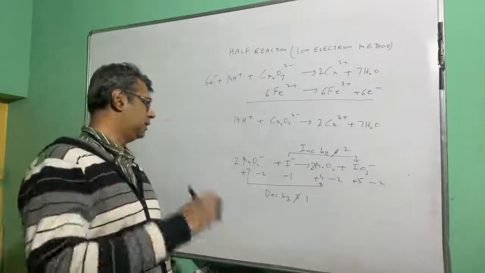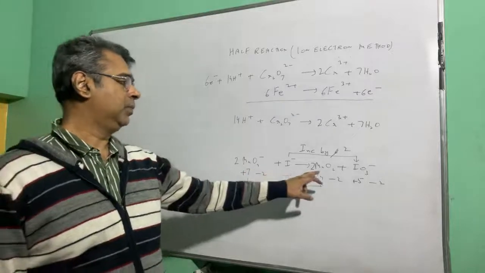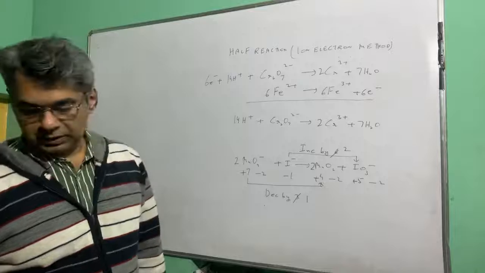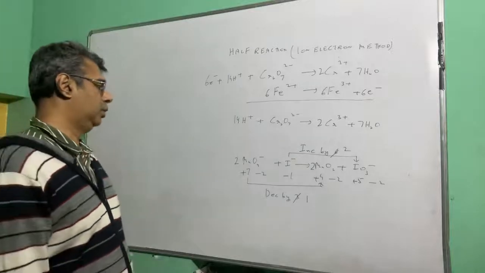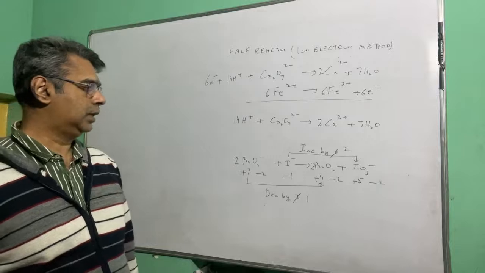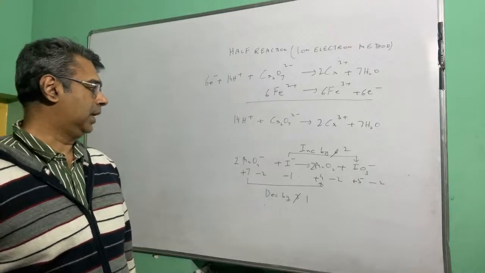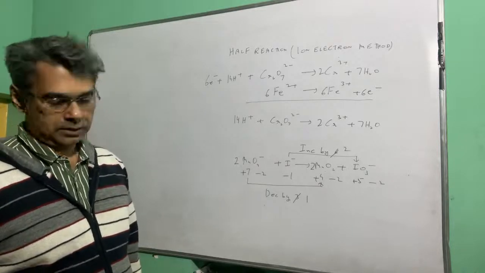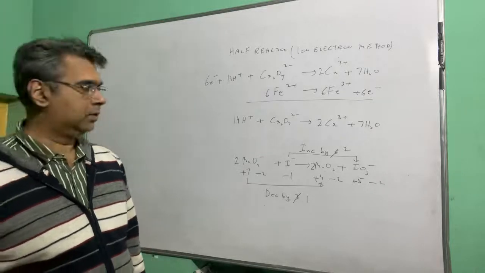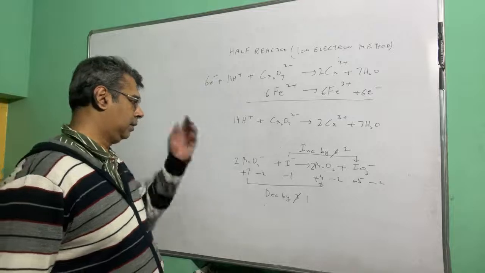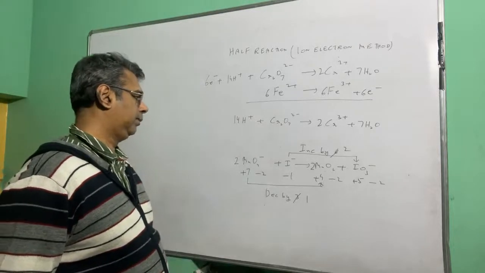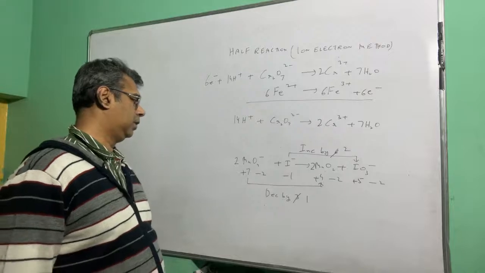Iodine seems to be balancing. There are 8 oxygens here. There are 4 plus 3, 7 oxygens on the right. So what you will have to do is first take care of the oxygen.